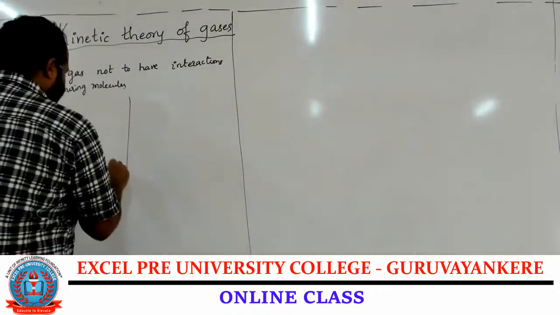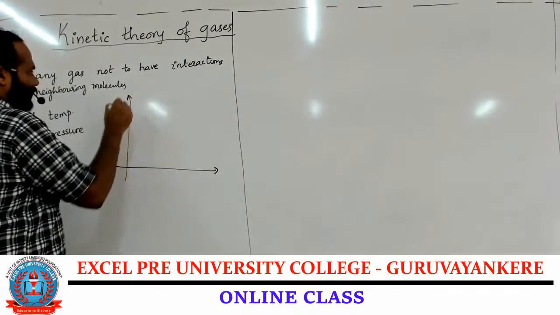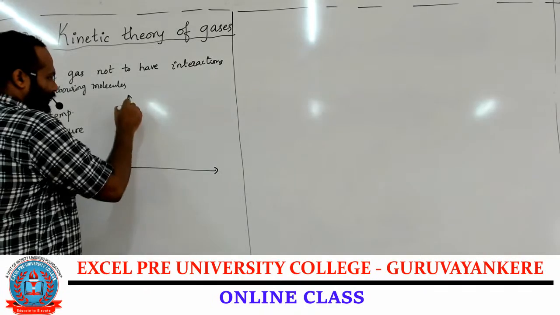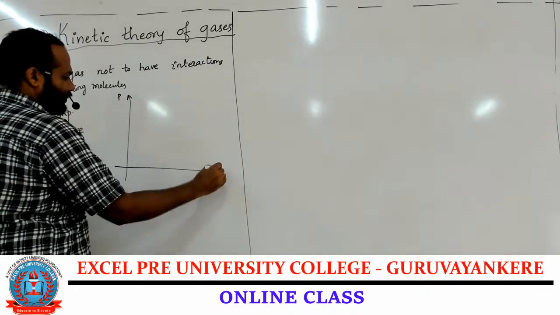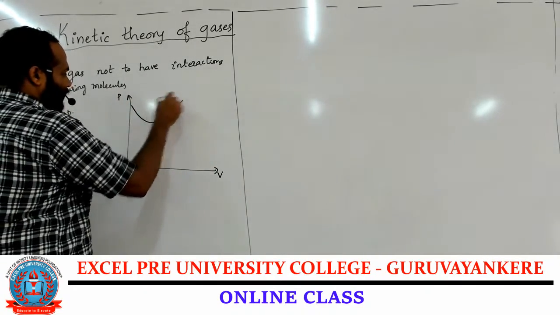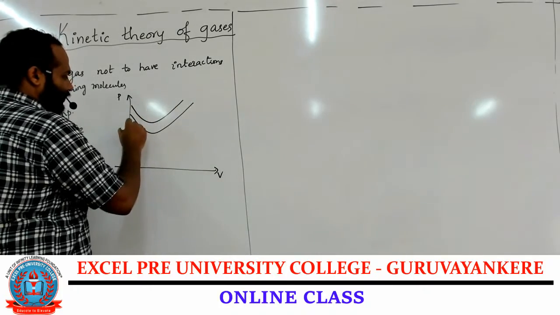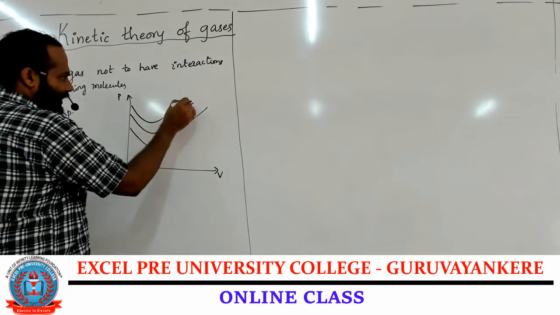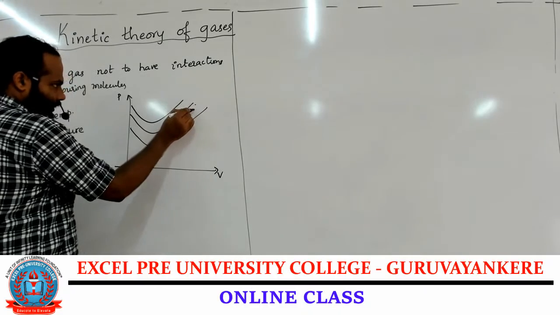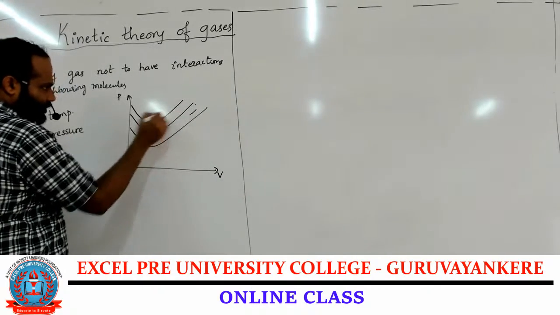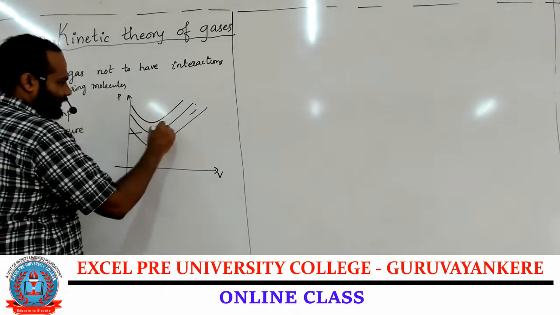There are some practical gases. If I plot their PV curve like this at different temperatures, this is how they will behave. But for an ideal gas, it should almost be constant like this.